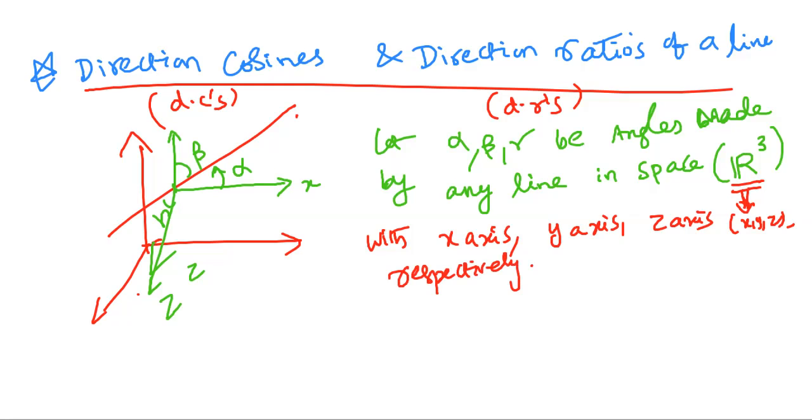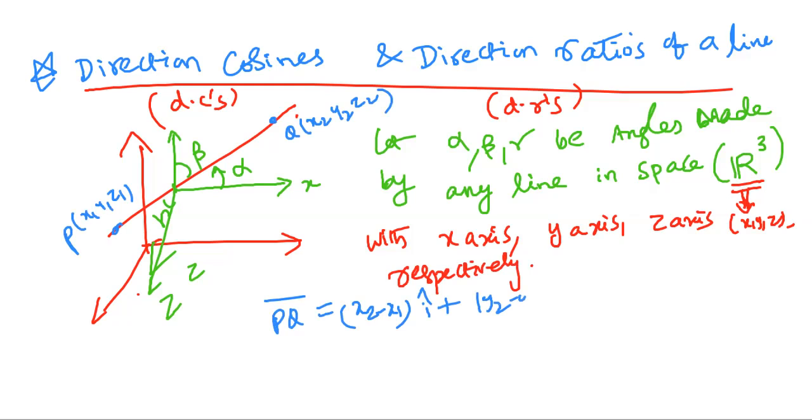Without loss of generality, let me assume one end as x1, y1, z1. Take any 2 points, for example, on that infinite line. Definitely I can write PQ bar, that is x2 minus x1 into i cap, y2 minus y1 into j cap, z2 minus z1 into k cap, right?